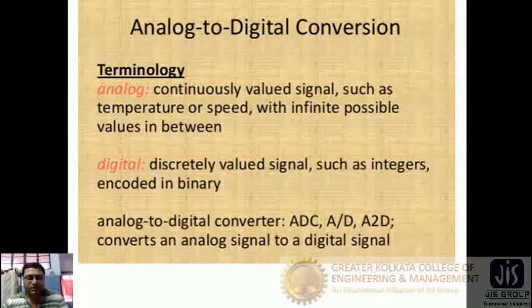In the case of digital, it is a discretely valued signal, such as integers encoded in binary, and there are several analog to digital converters present to convert the analog signal to a digital signal.